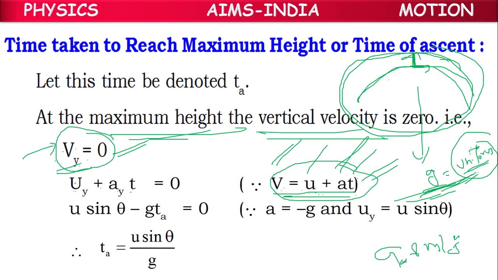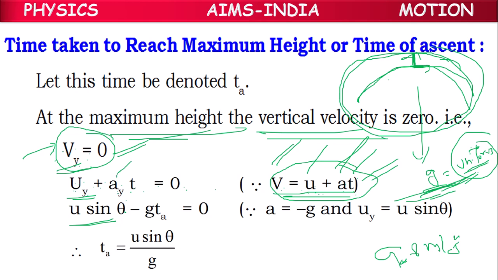So initial velocity in y direction plus acceleration in y direction times time equals 0. So Uy plus Ay t equals 0. Uy, the vertical component of initial velocity, is u sin theta.